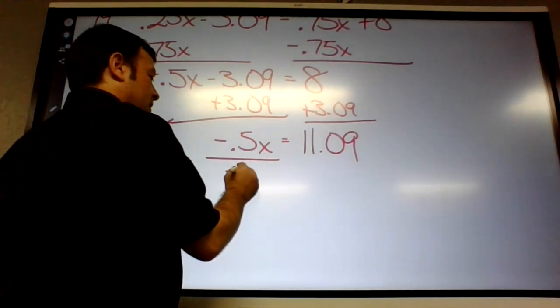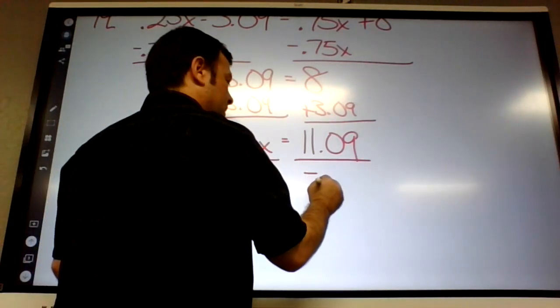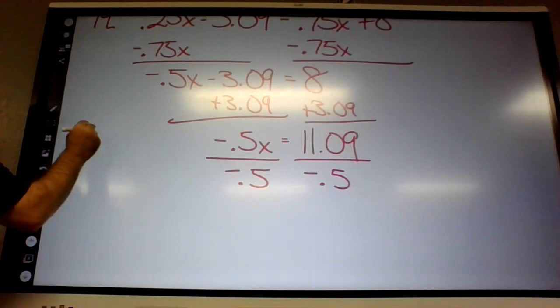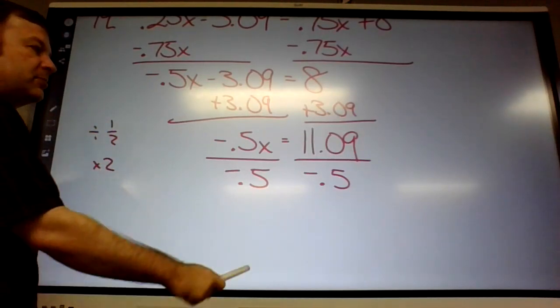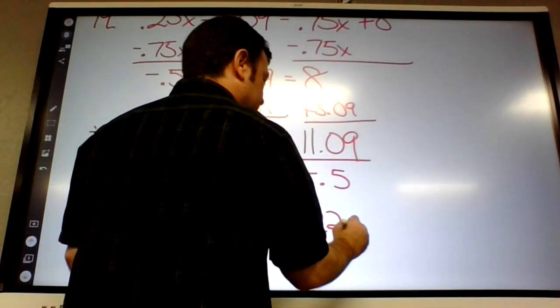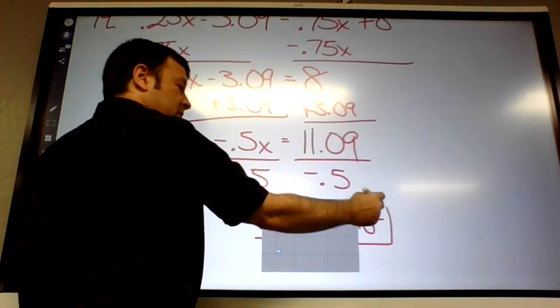Yeah. Be kind of hard to do this quickly. Dividing by a half is the same thing as multiplying by 2 though. So really it's like multiplying by negative 2. So not quite as hard as it seems. So it's negative 22.18.